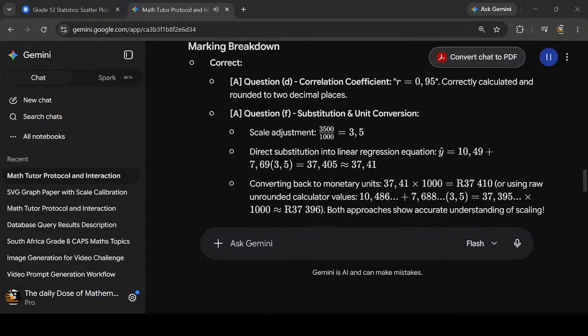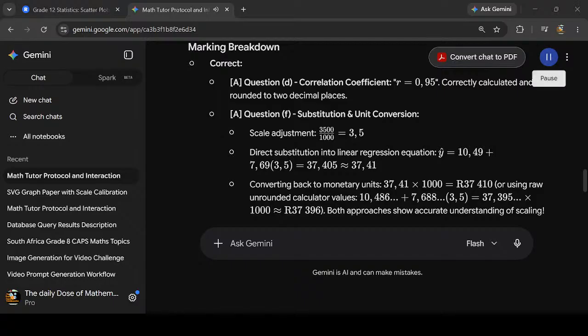Converting back to monetary units, 37,41 times 1,000 equals R37,410. Or using raw unrounded calculator values, 10,486 plus 7,688 times 3,5 equals 37,395, times 1,000, approximately R37,396. Both approaches show accurate understanding of scaling.